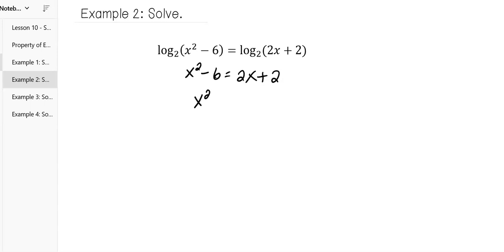When I do that, I've got x squared minus 2x, and then when I do minus 6 or negative 6 minus 2, that gets me negative 8. And we're going to set that equal to 0. Now we want to factor, so we're going to use the product sum method here. What two numbers multiply to get -8, but add to get -2?